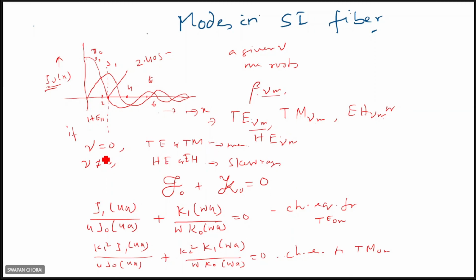If nu equals 0, then the rays are actually meridional rays. At that time, the modes are TE or TM, for meridional rays. But when nu is not equal to 0, the rays are actually skew rays, and the modes are HE or EH. So in this way, you can correlate.